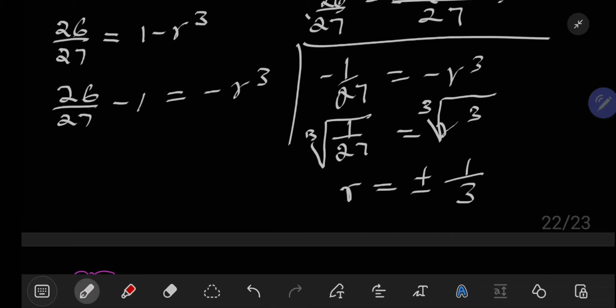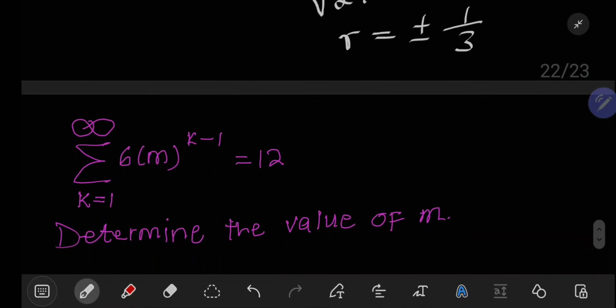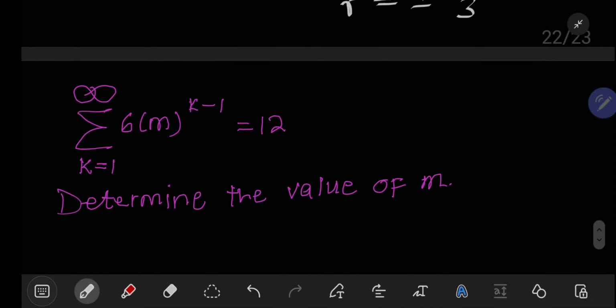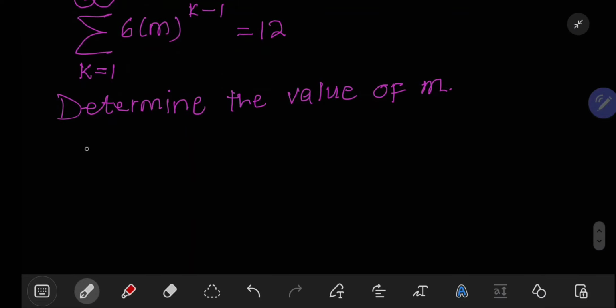Okay, so we can look at this example here. You are given the sum to infinity of this formula, 6m raised to exponent k minus 1, and they're saying this is equals to 12. So it means again the sum to infinity is equals to 12.